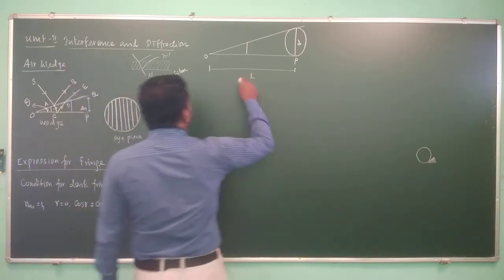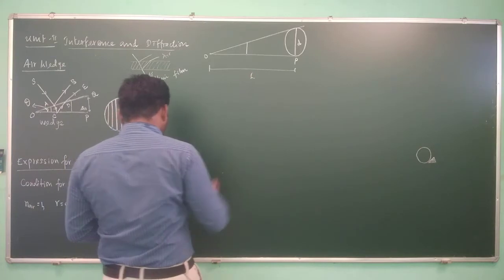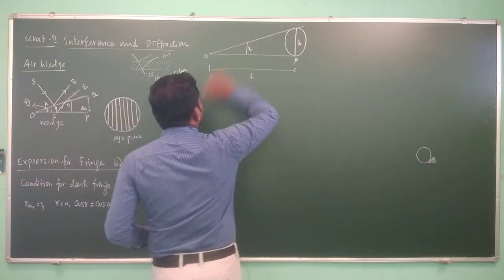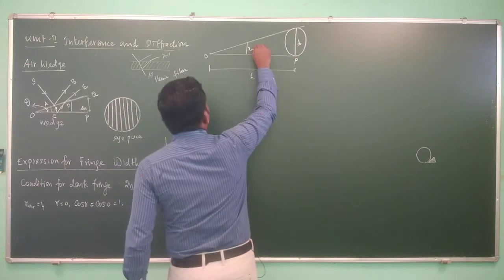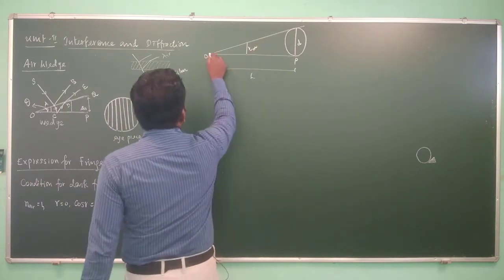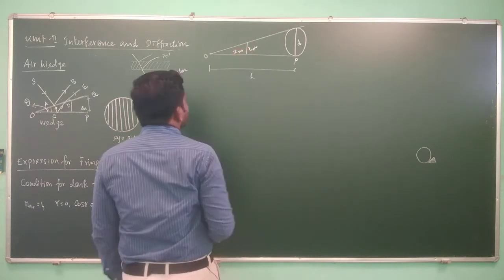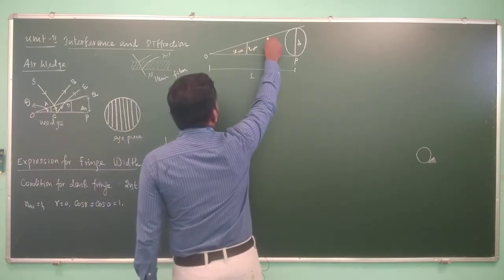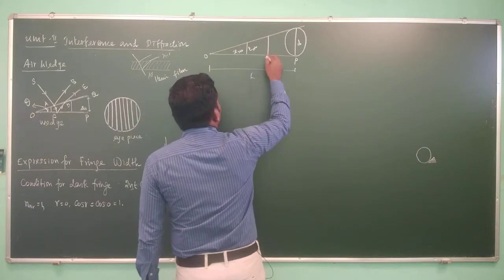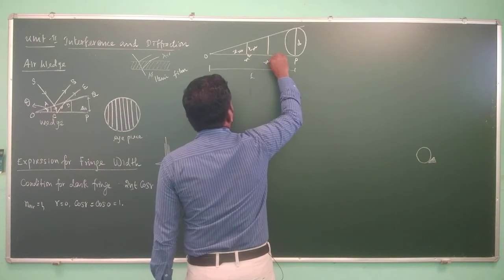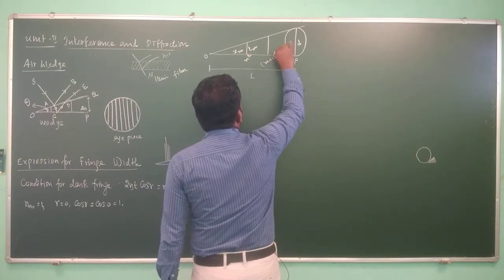So now we can say that at this point the thickness is Tm for the mth fringe, and from this point to this point is the distance from the origin for the mth fringe. Similarly, let's say here it is m plus 1, for example.